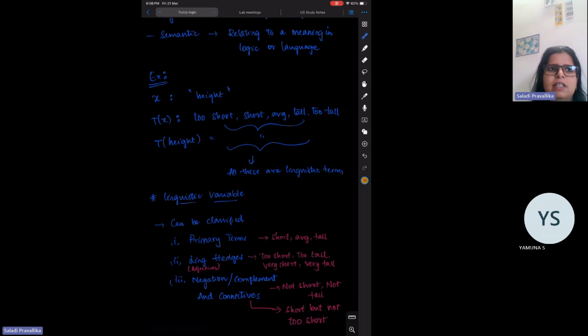Here x is our linguistic variable, or a generic variable. And here we are taking an example of height. And what all terms can be associated with height? I can say a person is too short, or just short, or he has an average height. Or I can say the person is tall, or I can say the person is too tall.